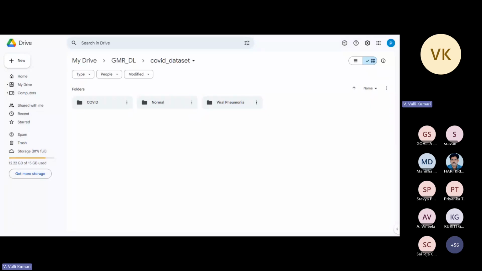I'm using this sheet. I've taken the COVID data set and put it in this folder. I've gone to the home folder GMR_DL and mounted it onto the drive.